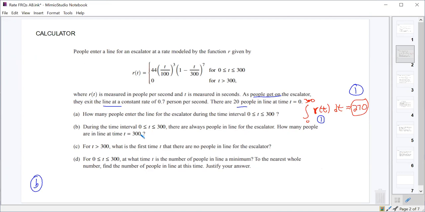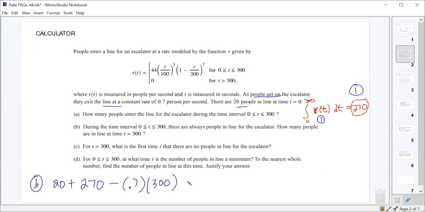Well, that ought to then be the amount that we started with, which should be 20. We should add to that the number of people who enter the line, 270, and we should subtract from that 0.7 people for every second that leave the line.